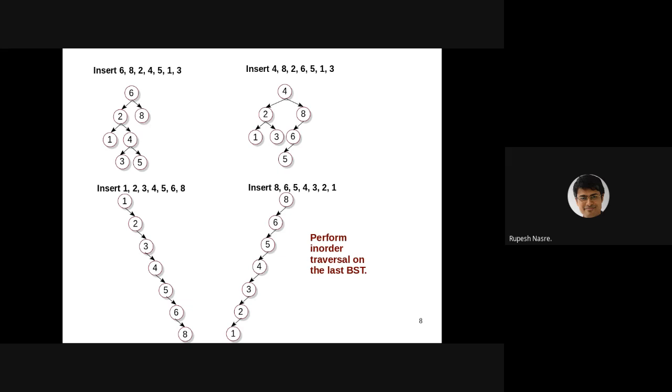But the in-order traversal is going to give us exactly the same output, irrespective of how the structure is, as long as the elements are the same. That is the power of binary search trees, that it allows you to take advantage of this property that the left subtree is smaller, the right subtree is larger, and therefore you will be able to do a possibly faster search. Right? All right, any questions so far?